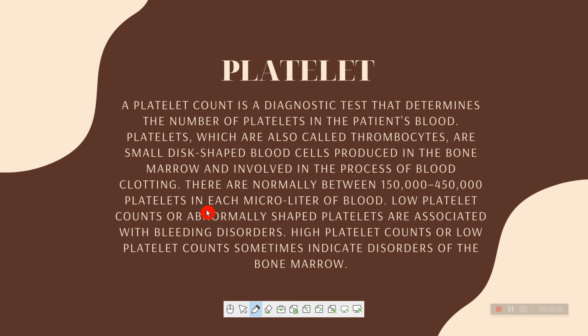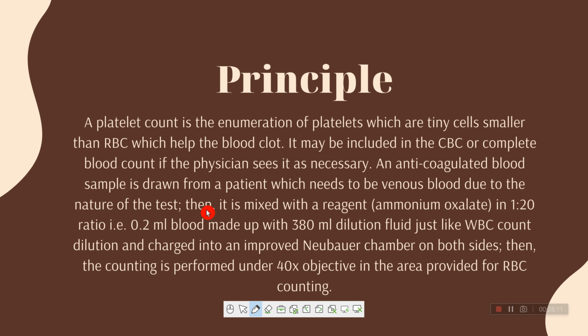Due to the decreased count of platelets, there may be some clinical condition that has occurred in the patient. In the same way, platelet count is also performed using the Neubauer's chamber. In this, a different diluting fluid is used. The diluting fluid used here is the ammonium oxalate fluid.